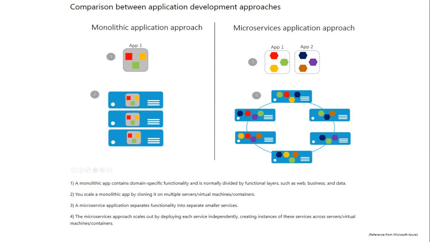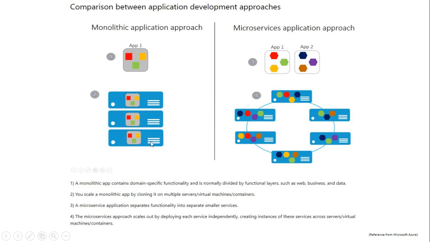Okay, so here's a comparison between application development approaches: the monolithic application approach and the microservice application approach. On your left, you can see the monolithic approach. A monolithic app contains domain-specific functionality and is normally divided by functional layers such as web, business, and data.